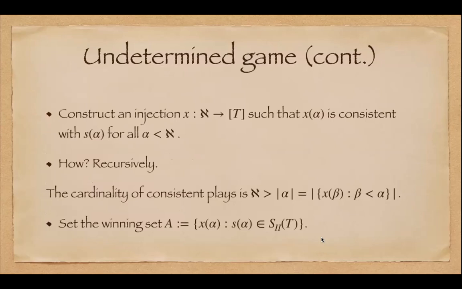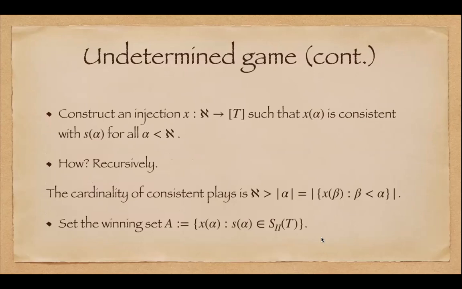First, I'm going to construct an injection from Aleph to the set of plays, such that X alpha is going to be consistent with the strategy S alpha, for every ordinal alpha smaller than Aleph. And how am I going to do it?